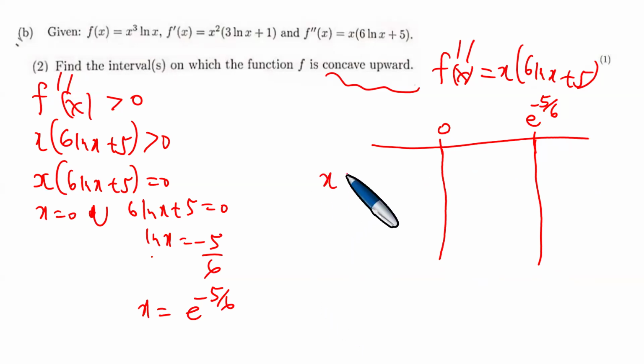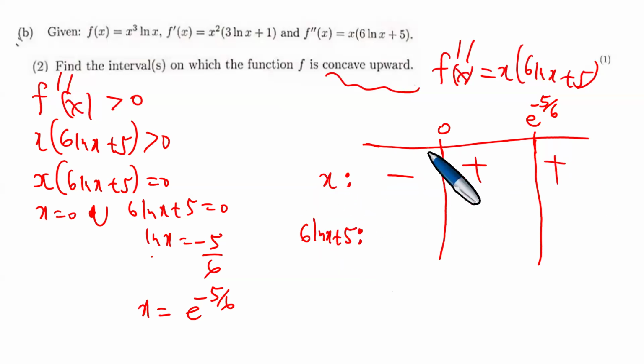So now we have x here, and you have plus 5 here. Whenever x is negative you have a negative here, and for positive x you have positive. For negative numbers, ln x does not exist, it is undefined.